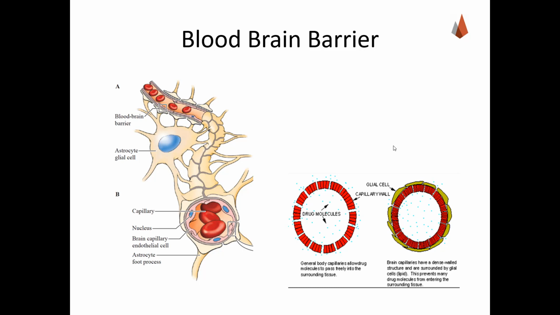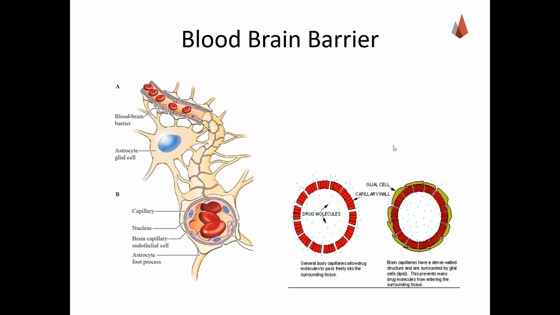And as you can see here on the left-hand side, the astrocyte is a glial cell. It sticks out these projections that wrap around the capillaries in the brain and prevent many different molecules from getting out.